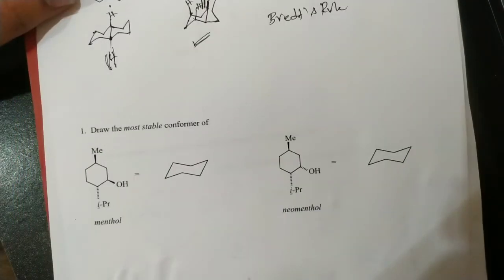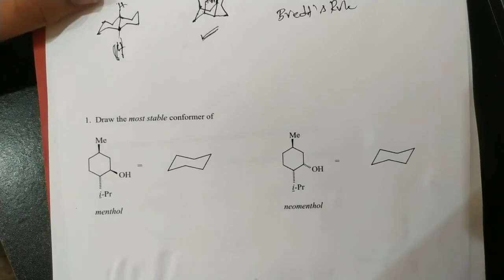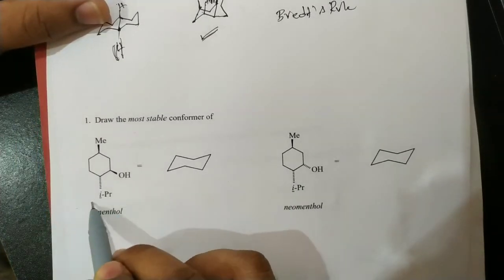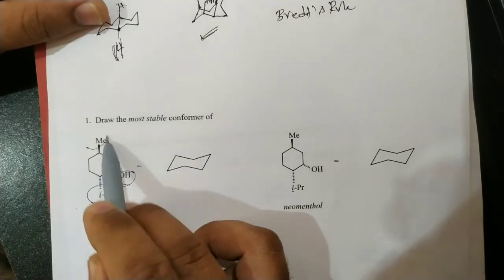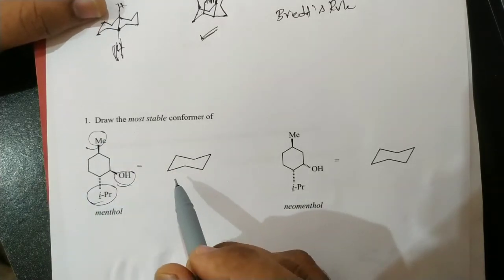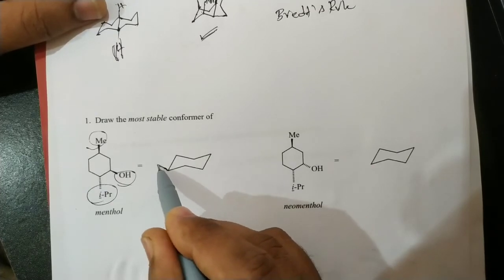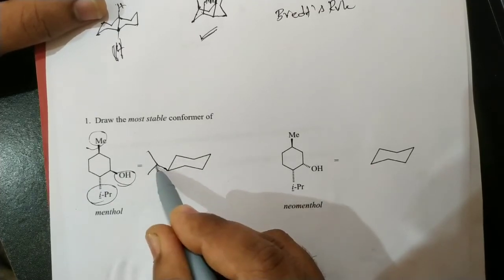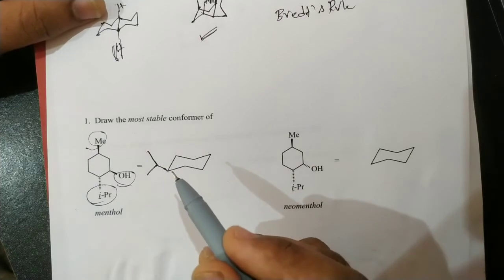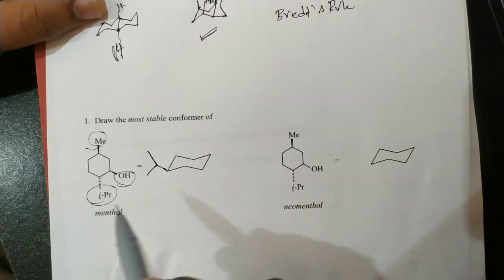Next, draw the most stable conformer of each compound. Here we have isopropyl, OH, methyl. While writing the most stable conformation, the isopropyl group must be in the equatorial position, because a bulky group always prefers to stay in the equatorial position.